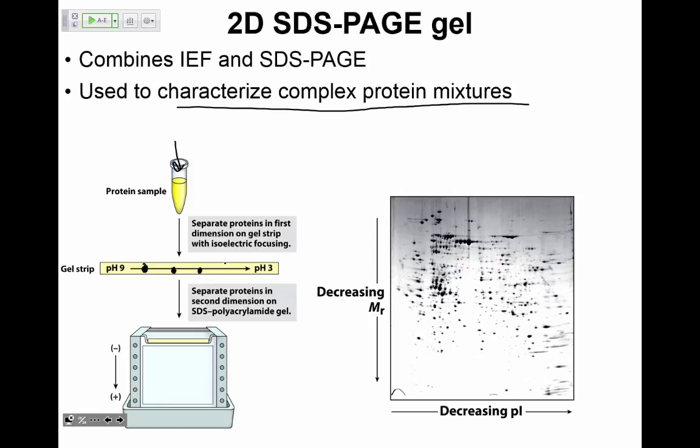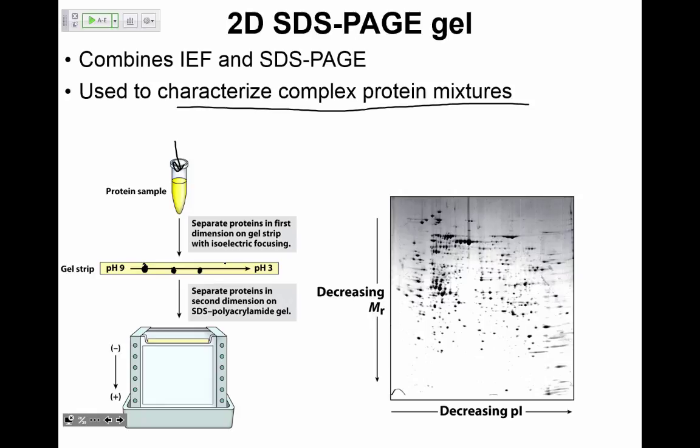Then you physically take this gel and put it on your SDS page gel and then separate based off molecular weight. And so now you separate based off isoelectric point from decreasing PI, high PI, low PI. We could easily put this up here, right? High, low.